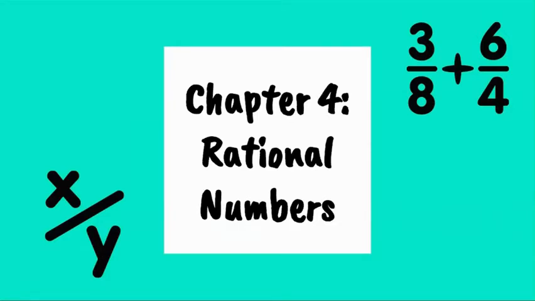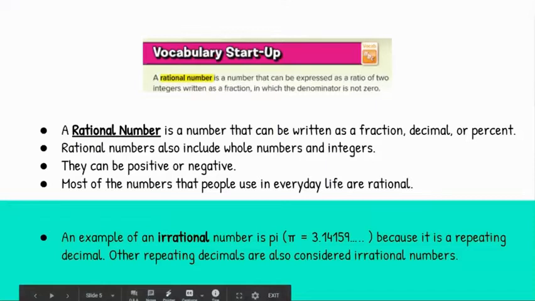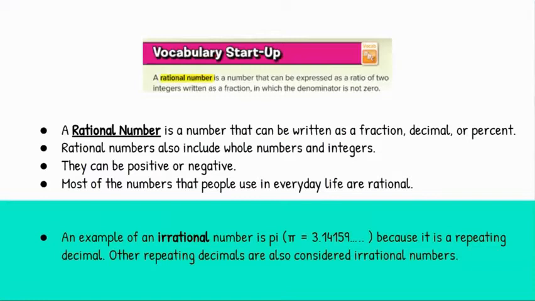So for chapter 4, we're going to be looking at rational numbers. And as you can see from the picture, these are things like fractions. So let's talk more about rational numbers. A rational number is a number that can be expressed as a ratio of two integers written as a fraction in which the denominator is not 0.